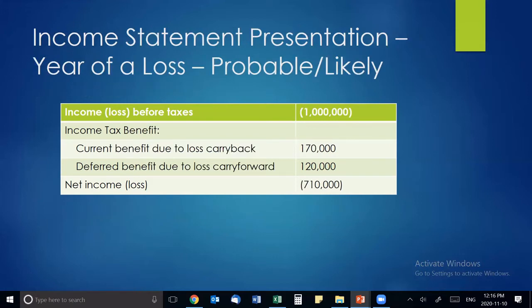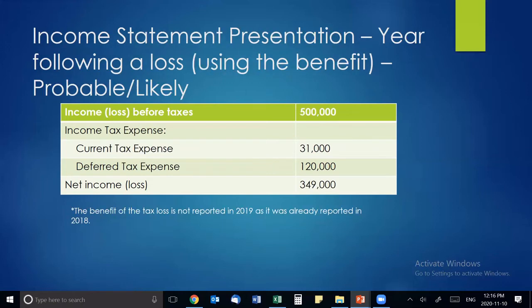So we had a net loss of 710 instead of 1 million. That is shown in the year of a loss because that's when it happened, not in the year following a loss.